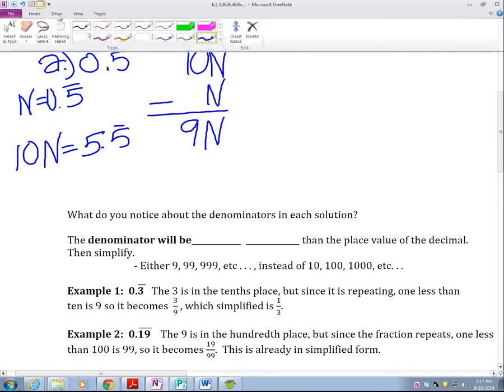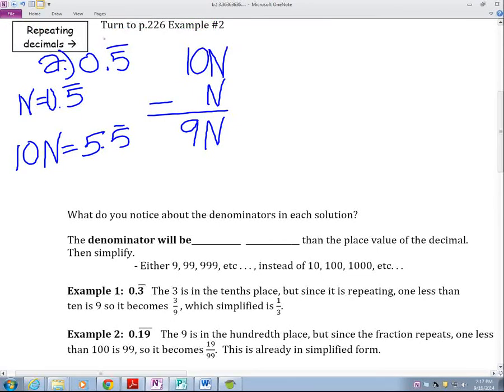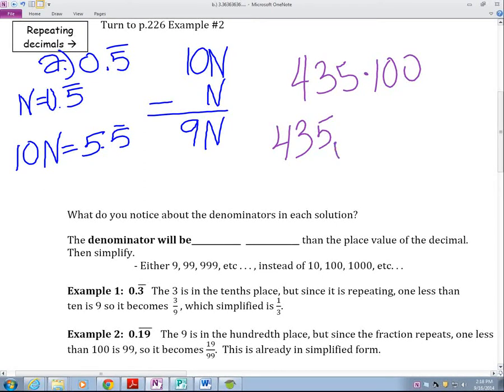Maybe they don't teach you like that. For example, if you have the number 325 and you multiply it by 100, it takes the decimal and moves it over 1 and over 2 because you have 2 zeros.